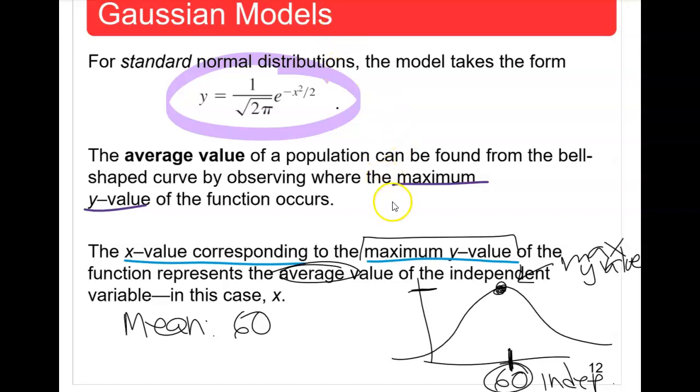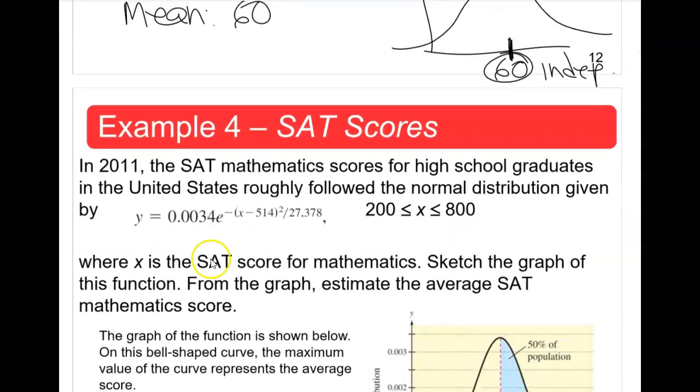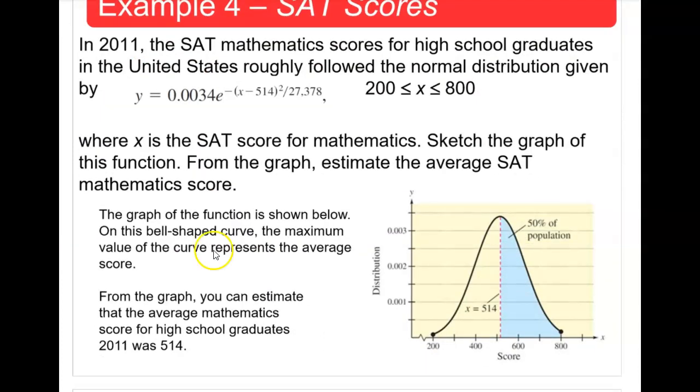All right, so if we go to example 4, we're going to be using this concept. And it says in 2011, the SAT scores for high school graduates in the United States roughly follow the normal distribution given by, and we have the model here. So that is a normal distribution.